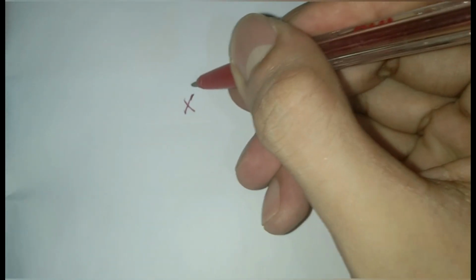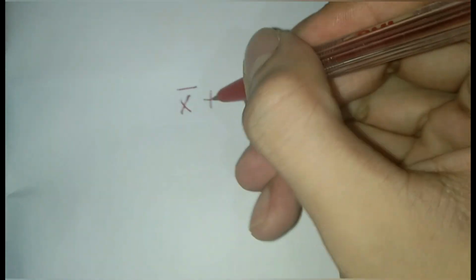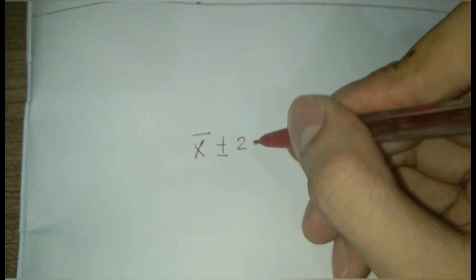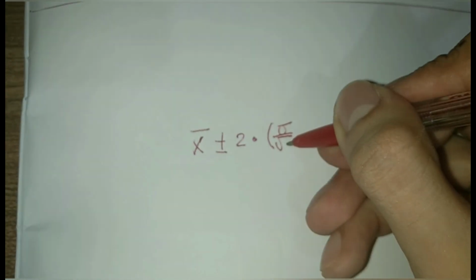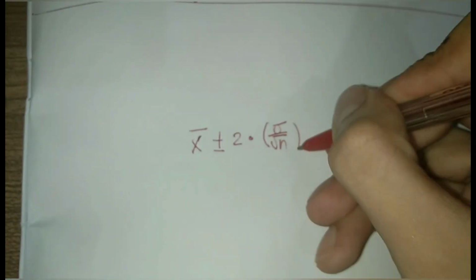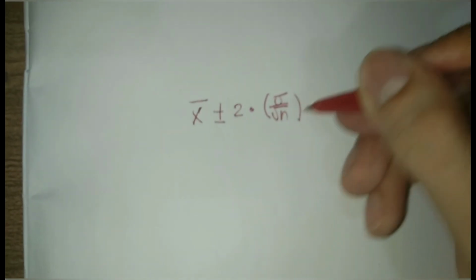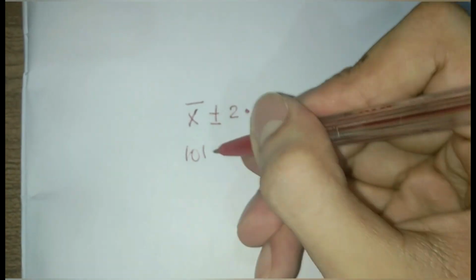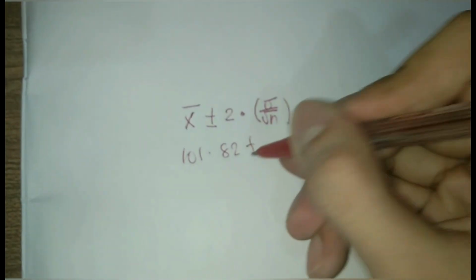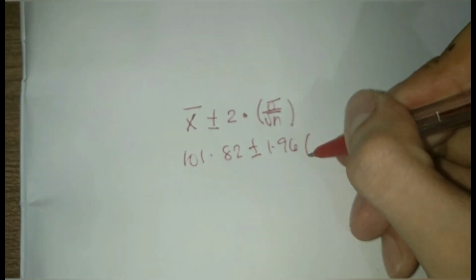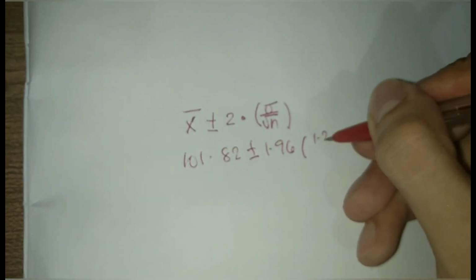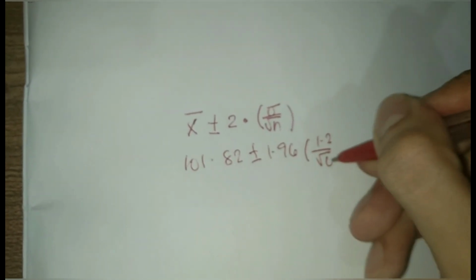We use the formula x bar plus or minus z multiplied by the standard deviation over the square root of n, which equals 101.82 plus or minus 1.96 multiplied by 1.2 over the square root of 6.